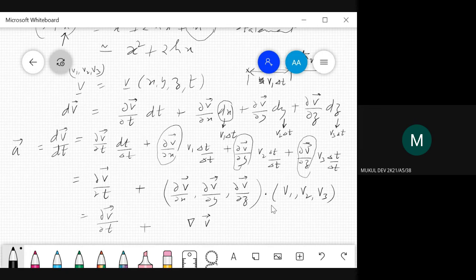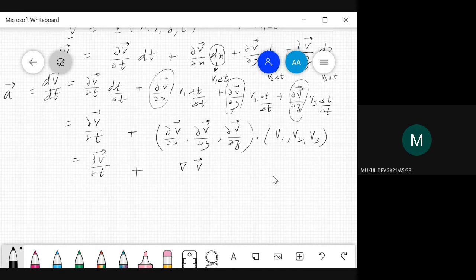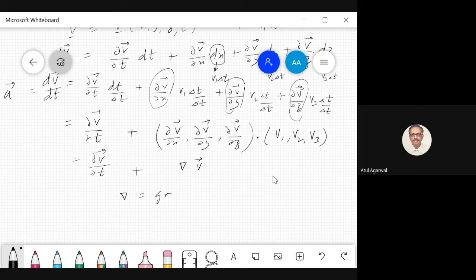No, sir. This is known as gradient operator. So this is nothing but del by del x. Okay, so I just did gradient of v.